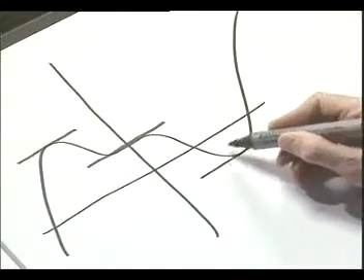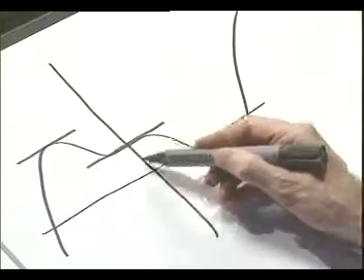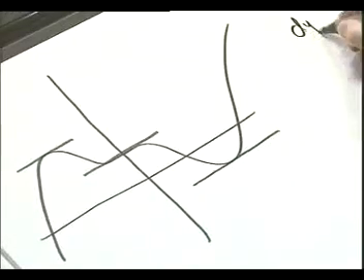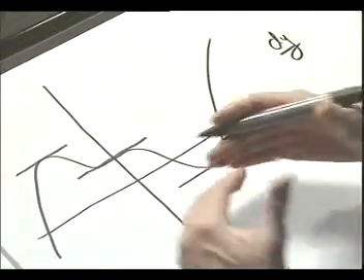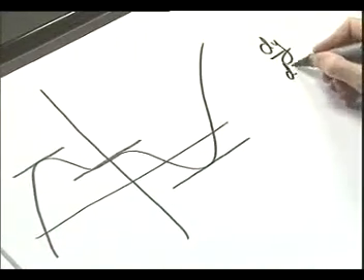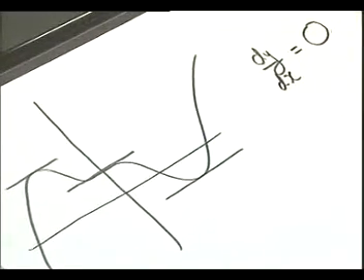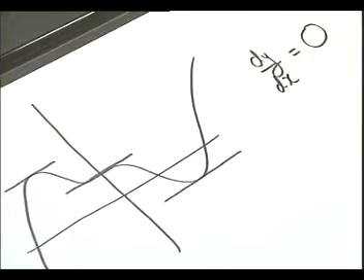Now, one of the things that we do know is that the gradient of a curve is given by dy by dx. And what's clear is that at each of these points, here, here, and here, because the tangent is flat, parallel to the x-axis, the gradient is 0, and so dy by dx is 0.